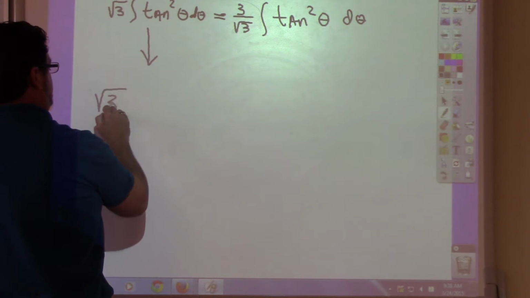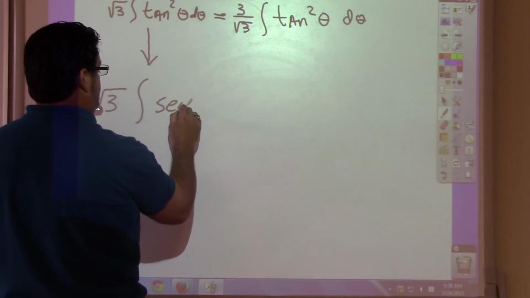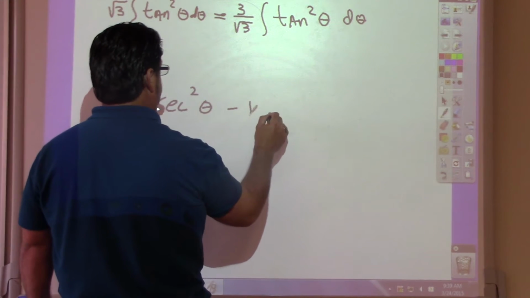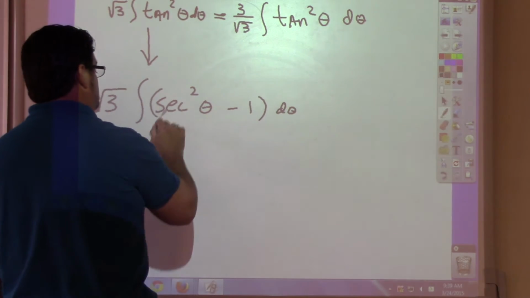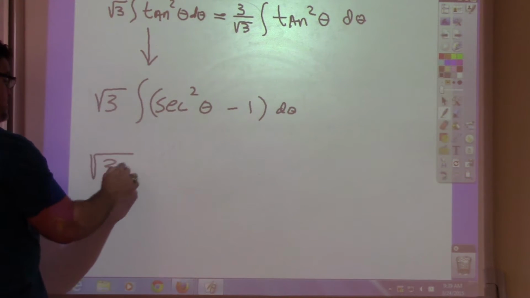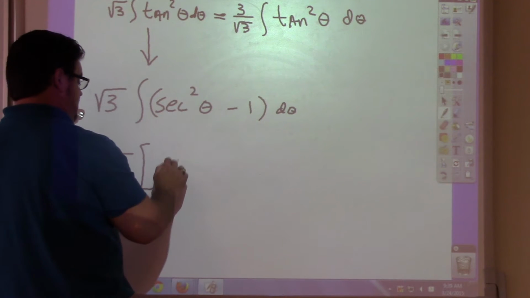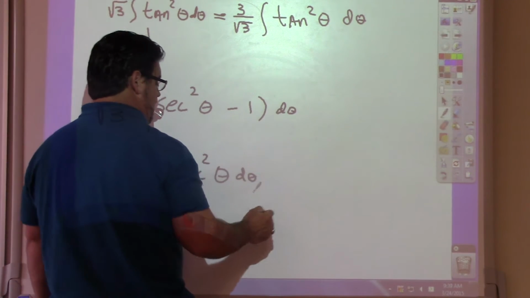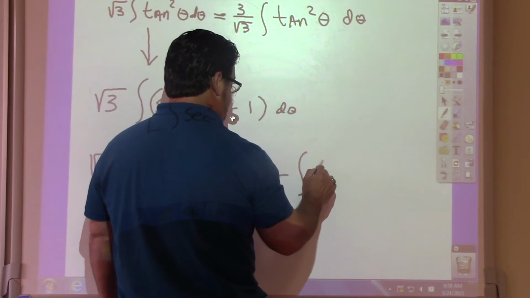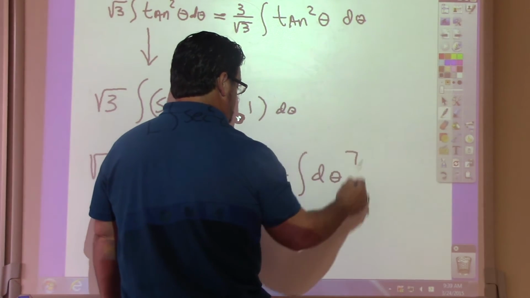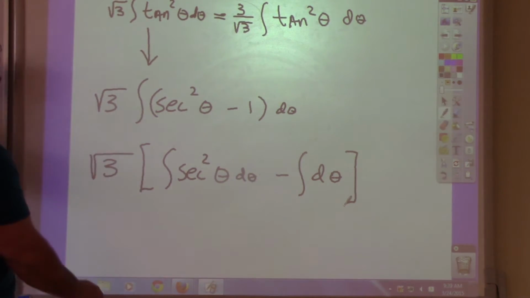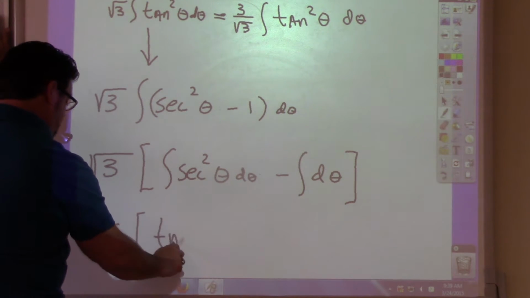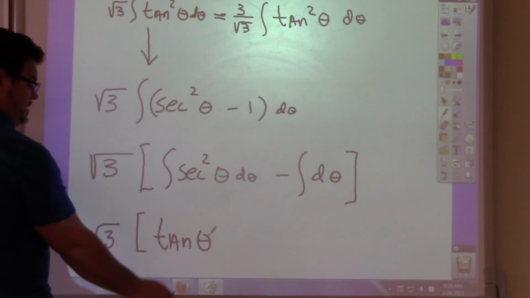So it's square root of 3 times the antiderivative of secant squared of theta minus 1 d theta. So square root of 3 brackets, antiderivative of the secant squared of theta d theta minus the antiderivative of d theta. And that should be tangent theta minus theta.